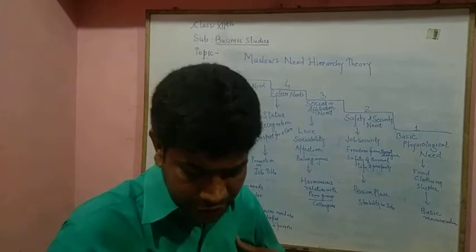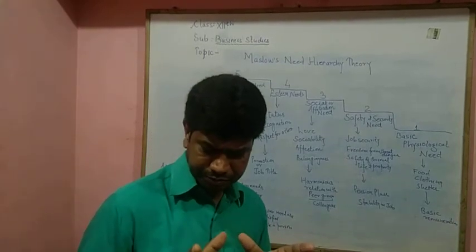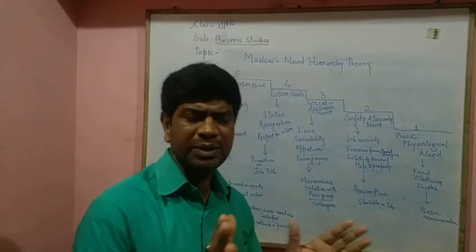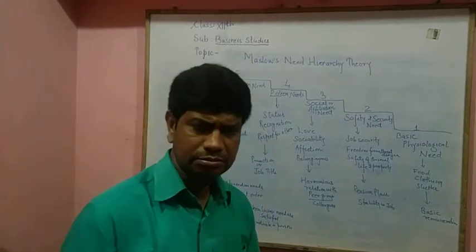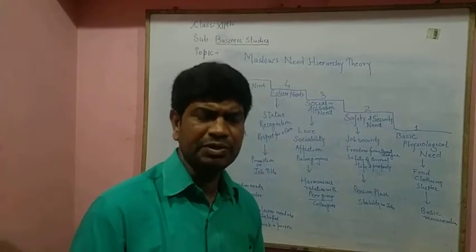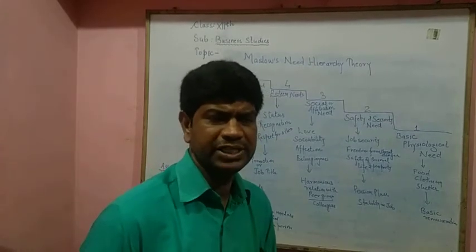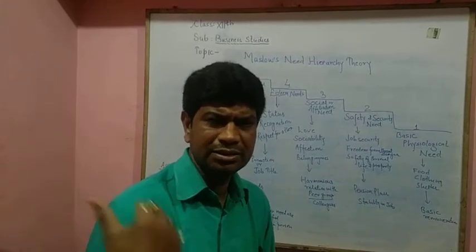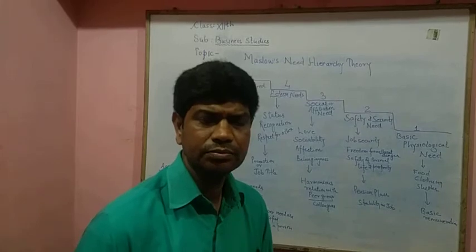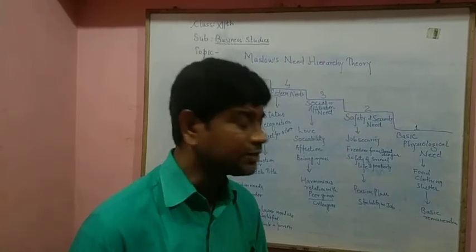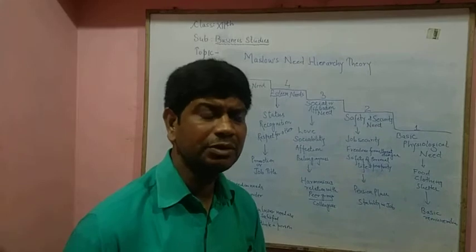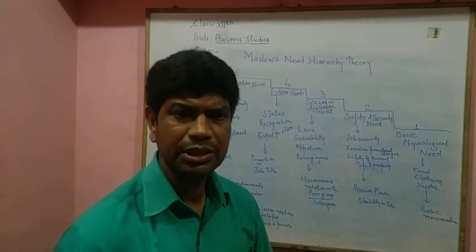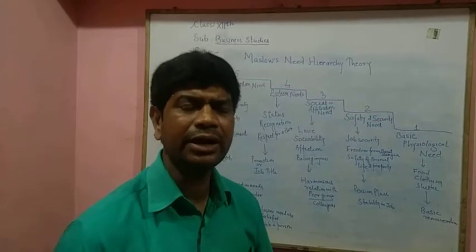Now physical security means, take an example, in case of an accident, if they meet with a physical accident, the body might get damaged. So there is a provision of treatment if the organization provides an insurance policy, which helps them to get themselves treated and recover from illness.